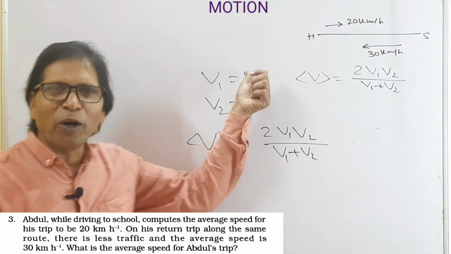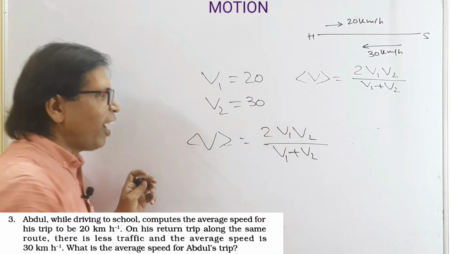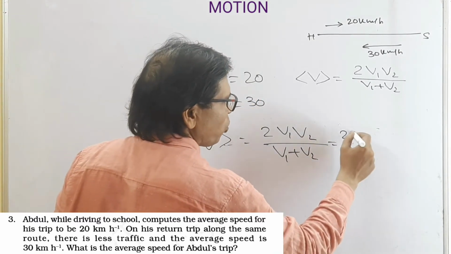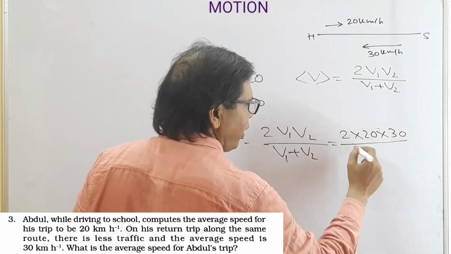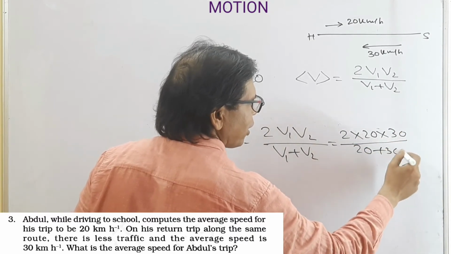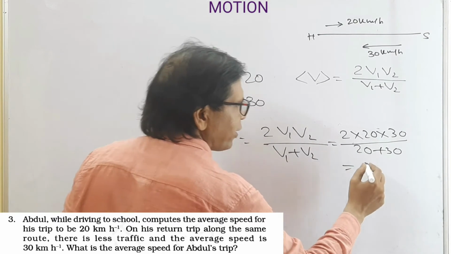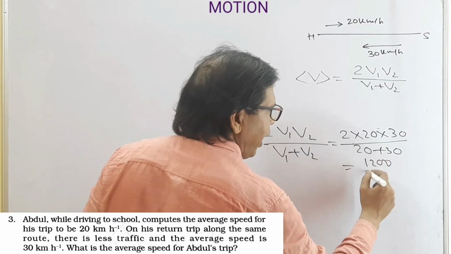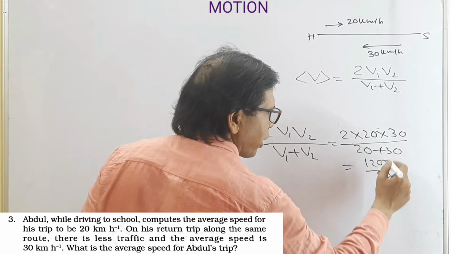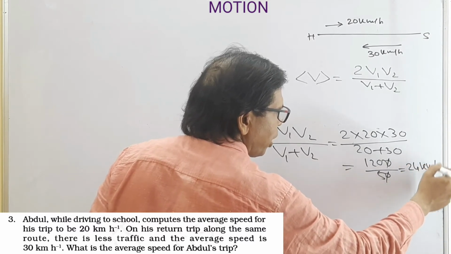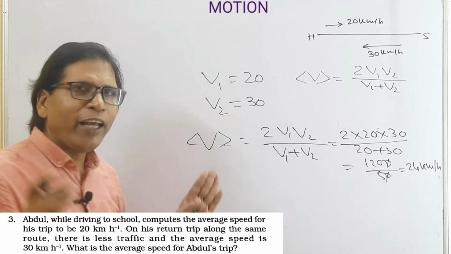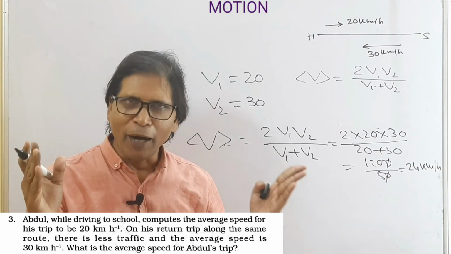Now put the value of V1 and V2. So this is 2 into 20 into 30 divided by 20 plus 30. So this is 1200 and this is 50, cancel out, so this is 24 km per hour is the average speed of Abdul.